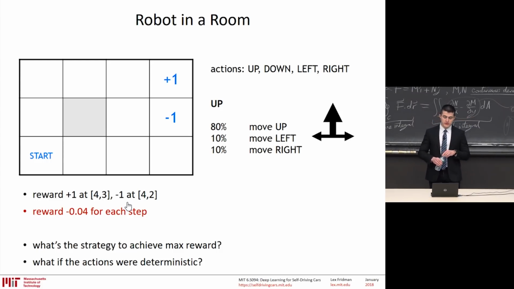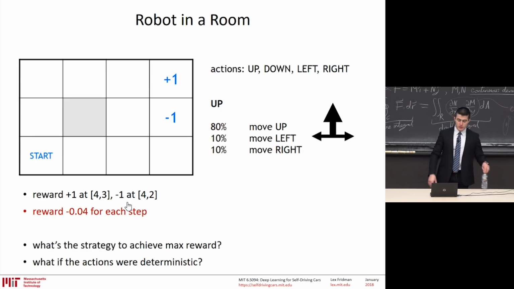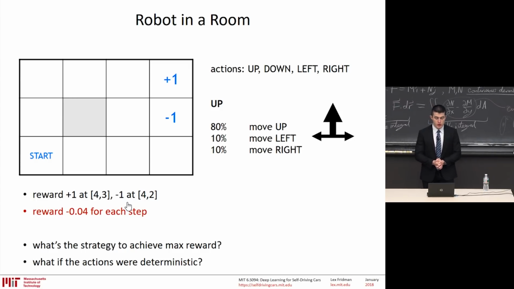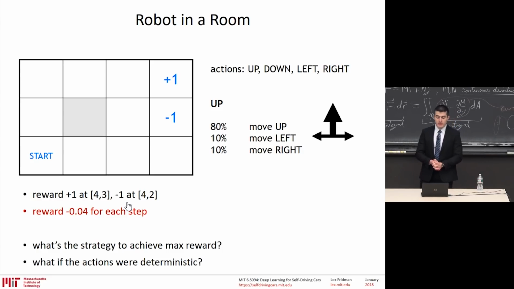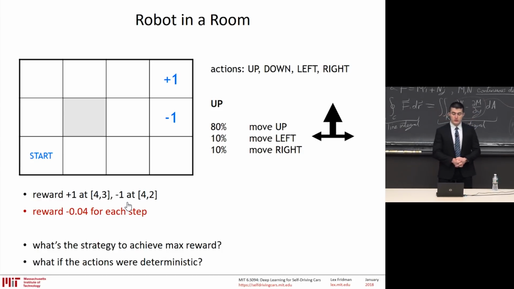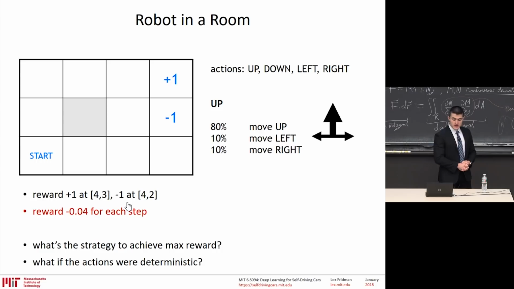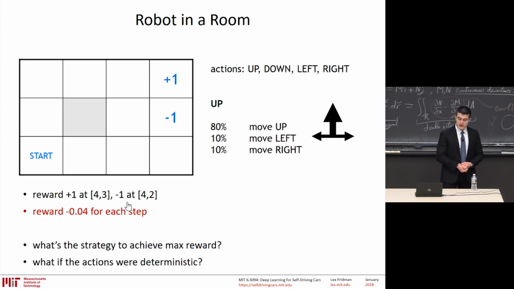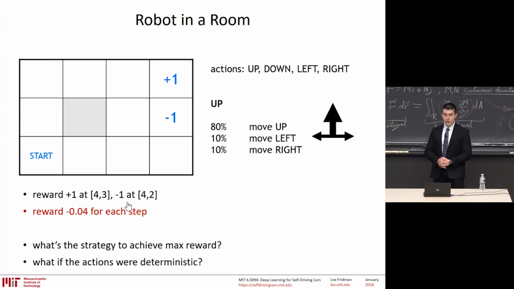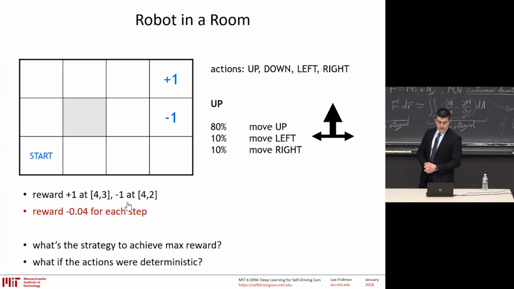A grid world of 3 by 4, 12 squares, where you start at the bottom left and are tasked with walking about this world to maximize reward. The reward at the top right is a +1, and one square below that is a -1. And every step you take is a punishment, a negative reward of 0.04.